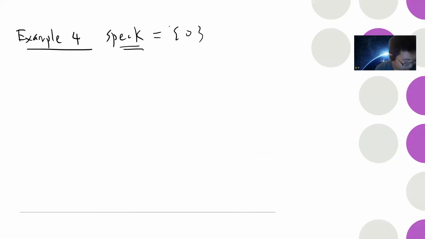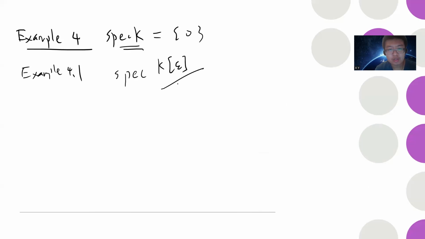So it's only one point. And there is an example you can try to play around with: take Spec K[epsilon] modulo epsilon squared. This is a quotient ring, so the prime ideals corresponding to the quotient ring are basically the prime ideals containing epsilon squared.